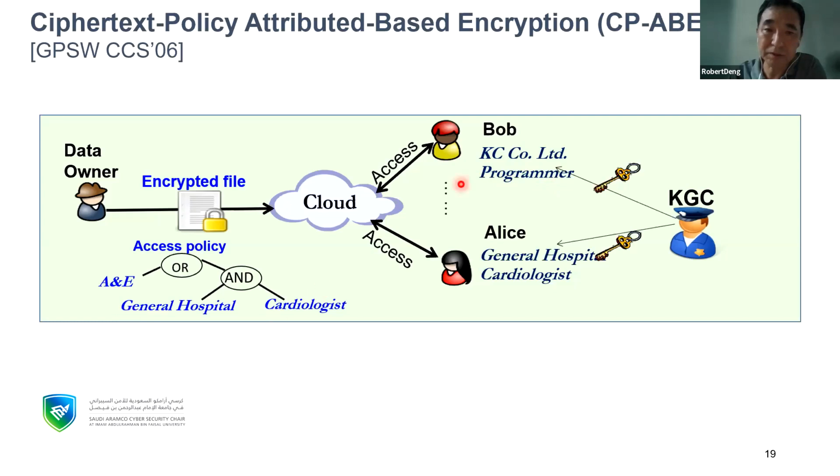So Bob is not able to decrypt the file to obtain the plain text. Right? So this is roughly how ABE works.